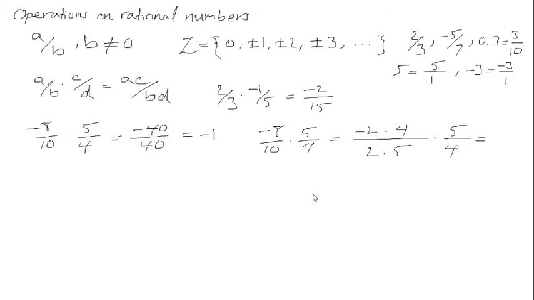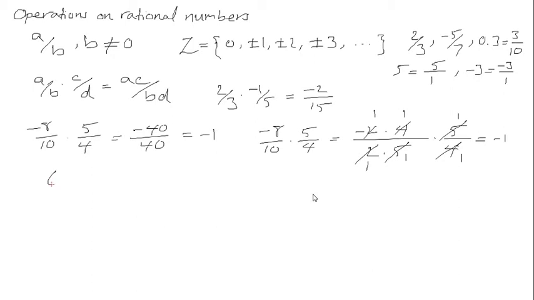Now, here this 5 in the numerator cancels this 5 in the denominator. I'm replacing them with 1. And this 4 in the denominator cancels this 4 in the numerator. And this 2 in the denominator cancels this 2 in the numerator. So as you can see, I'm only left with one negative. That gives me negative 1, same answer.